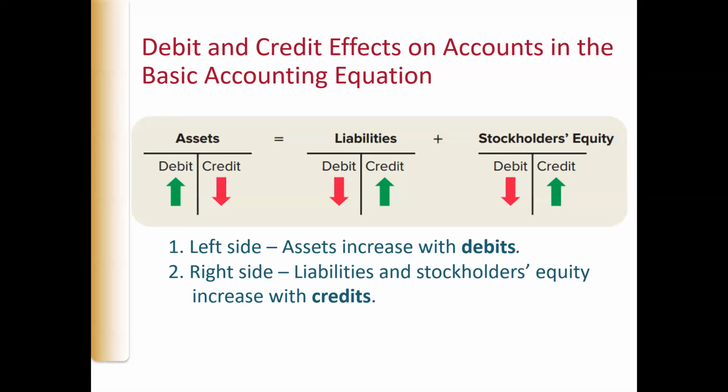That is why I want you to take this screen, get a piece of paper, and write this out. So when we start doing other things, you can look at that and go, oh, that's right. For a liability, a debit decreases. Oh, that's right. A debit for an asset increases.